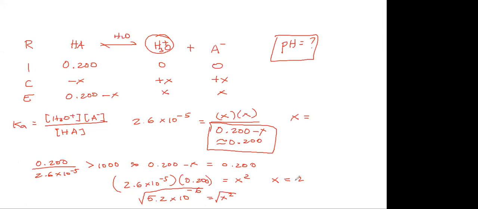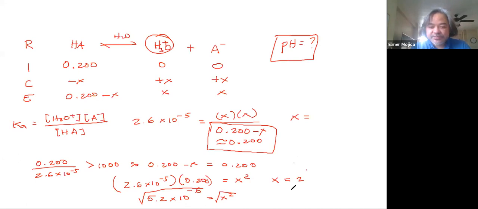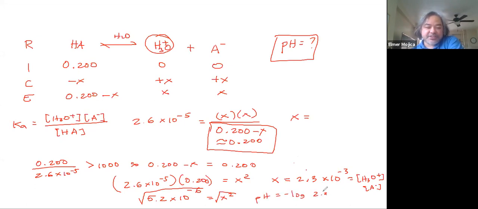You get 2.3 times 10 to the negative third. Anyone? What do you get? 2.3 times 10 to the negative 3. So that's going to be your H3O plus and A minus. So once you get that, all you need to do to get the pH is the negative log of 2.3 times 10 to the negative 3.